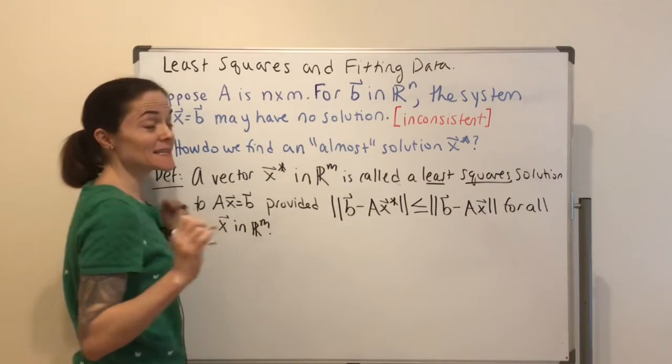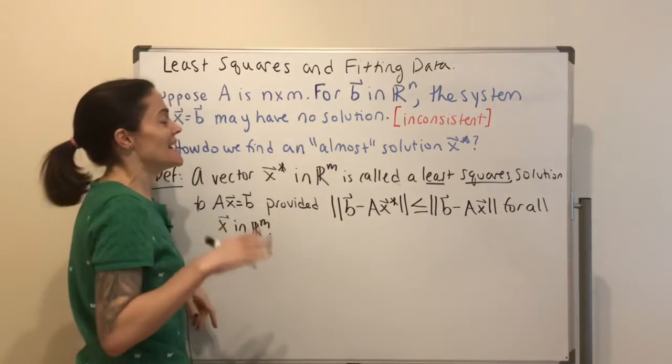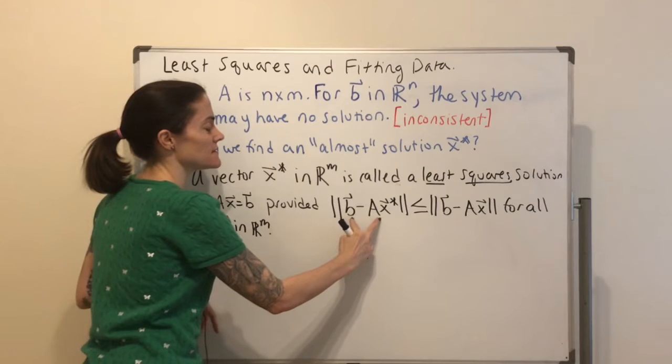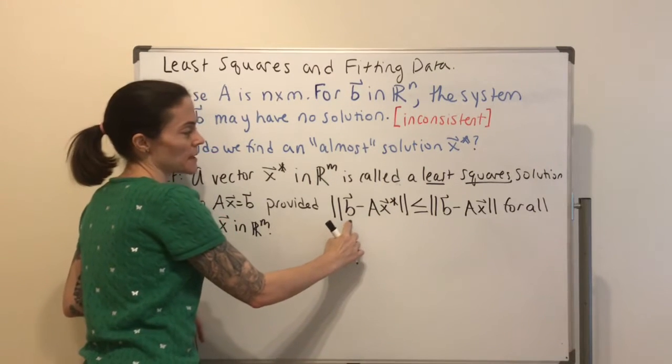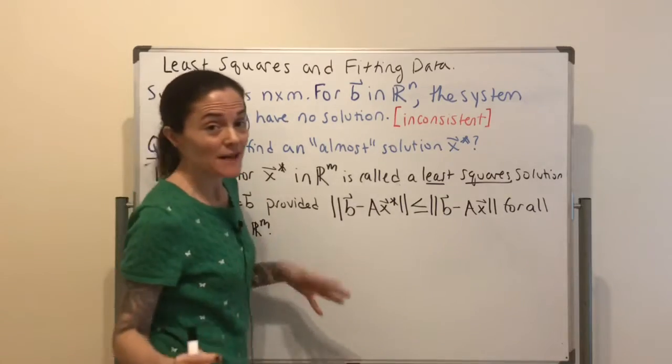So we're finding this vector in R^m such that the length of the difference between A times x star and b is as small as it can possibly be.